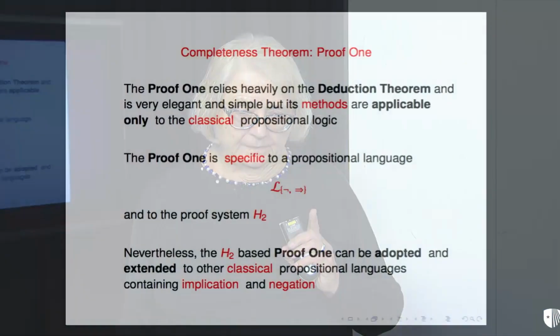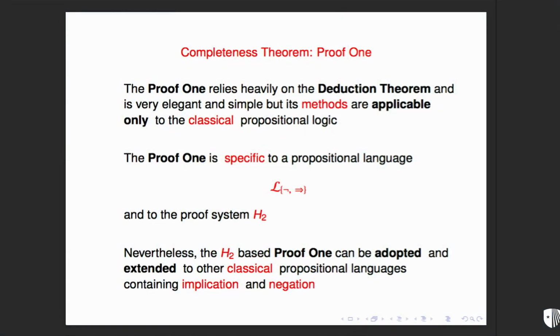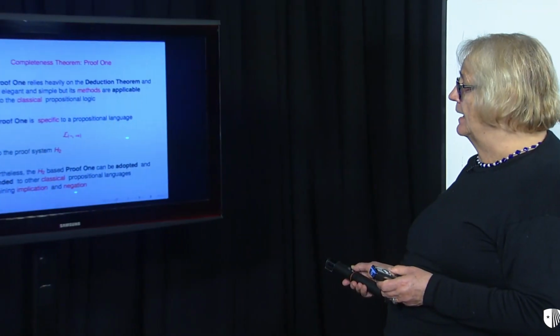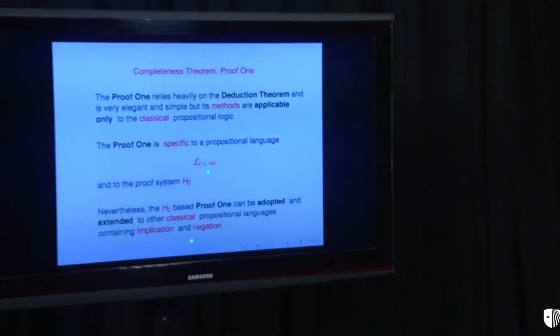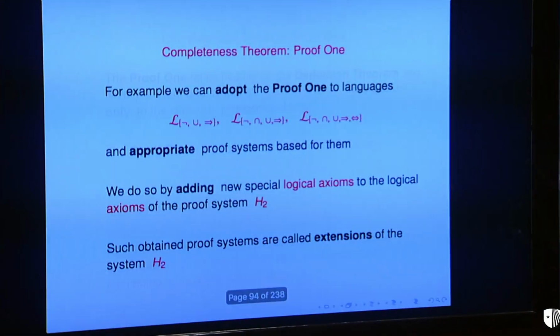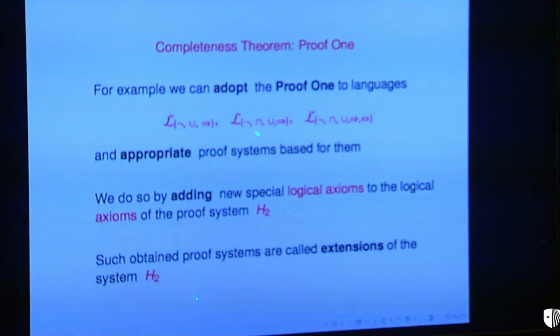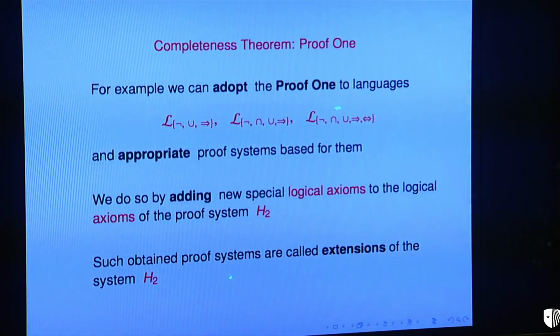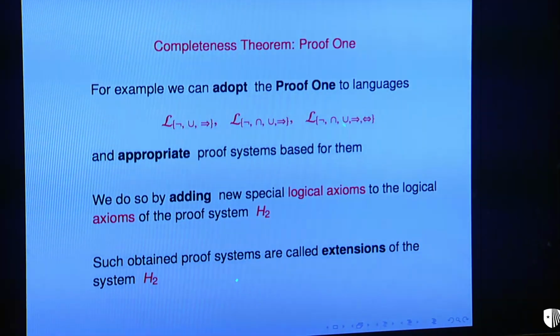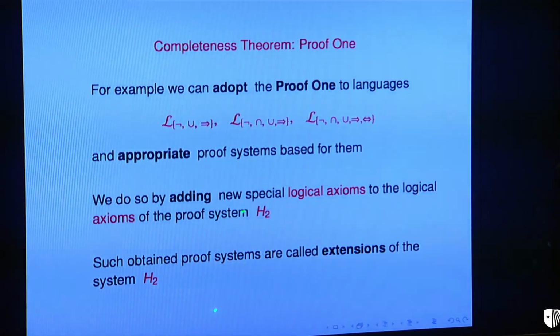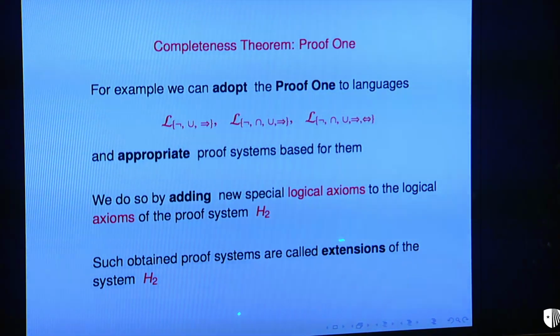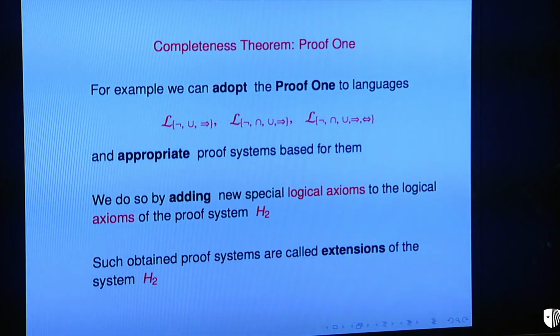And also, again, this is a good, important remark: proof 1 is specific to that, and proof 2 to that particular language. Now, it can be extended to all other languages. We usually included the full language of classical propositional logic. We do so by adding new special logical axioms to the logical axioms of the system.